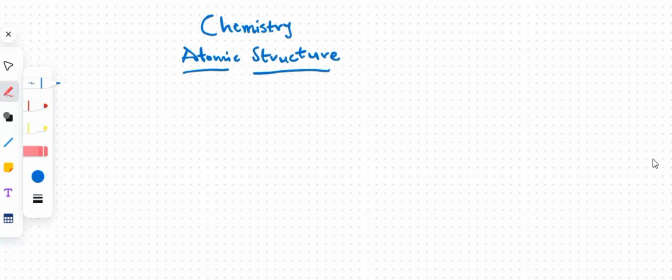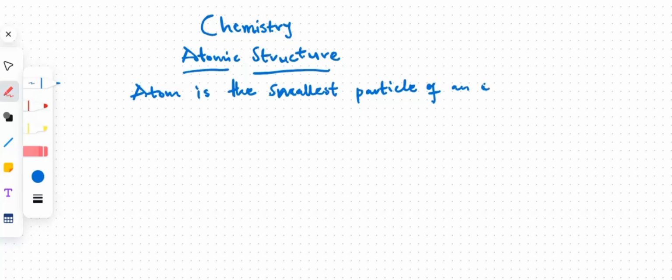So basically, we know what an atom is. An atom is the smallest particle of an element that can take part in a chemical reaction.